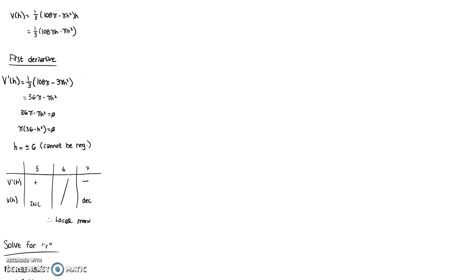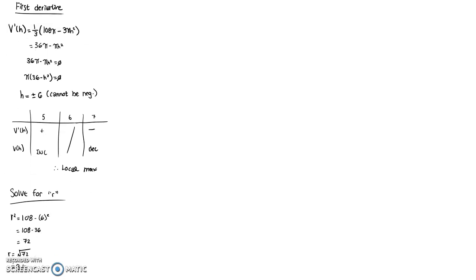Next I made that equal to 0 and solved for h. Since I took out pi, I had 36 minus h squared equals 0, which means h is either plus or minus 6. But obviously there cannot be a negative value in a question like this, so it's just positive 6.